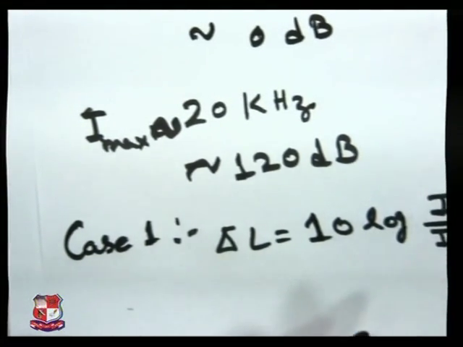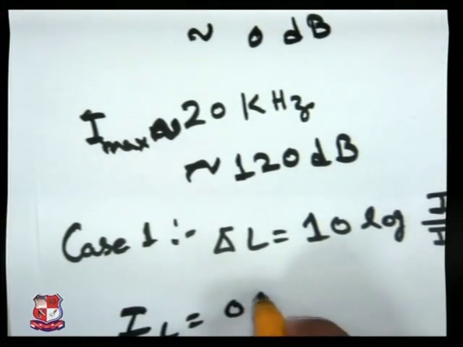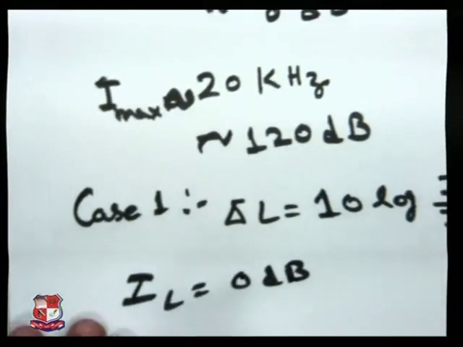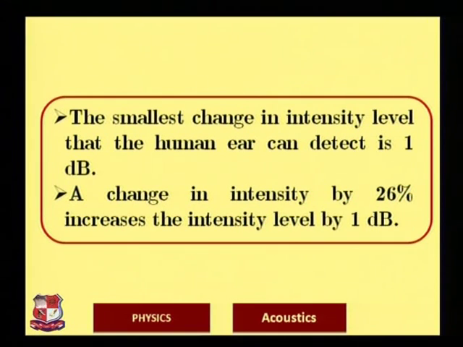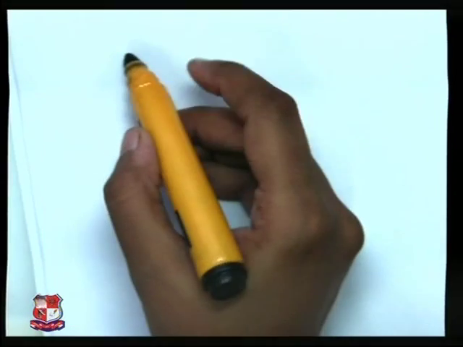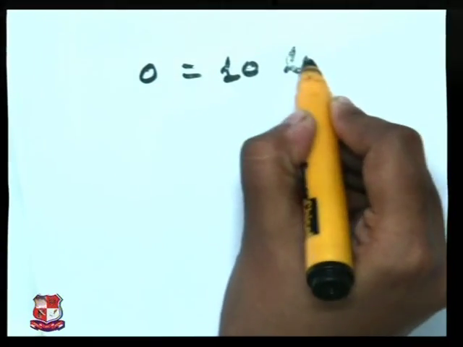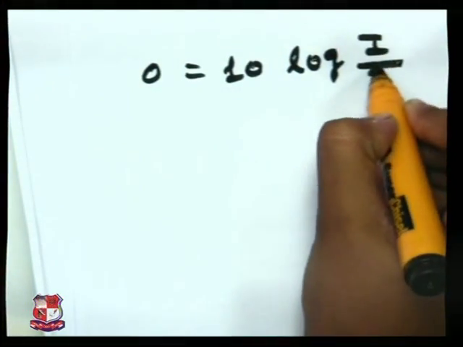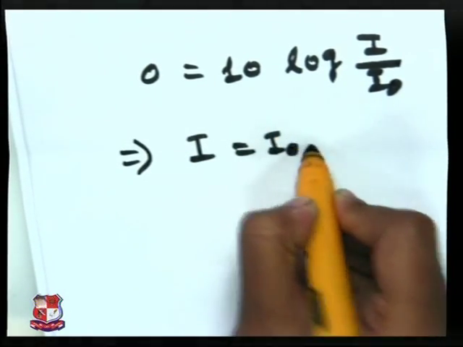Say I am taking IL equal to 0 dB. What if I put this value in the above equation? I get 0 equal to 10 log of I upon I0. This will result in I equal to I0.